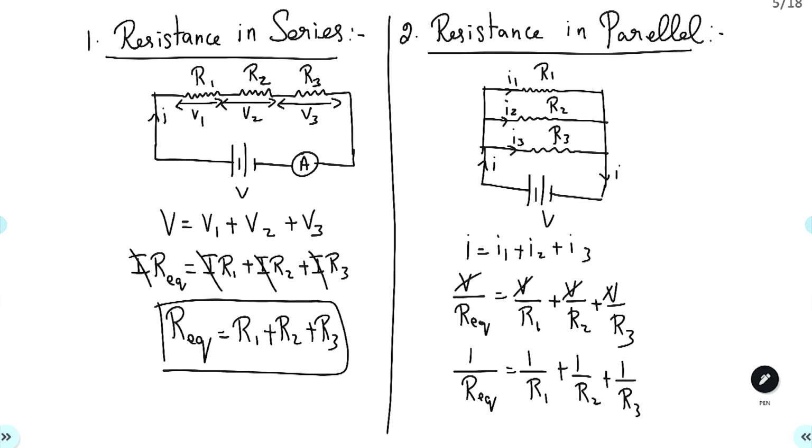So, this is the equation for the equivalent resistance in the parallel combination. So, these are the few things that you will be studying in this chapter, which is very important, and I will be showing you how different problems are done using this concept in the next session.